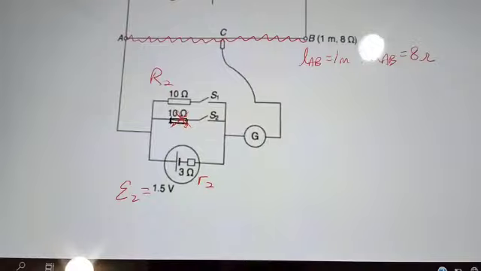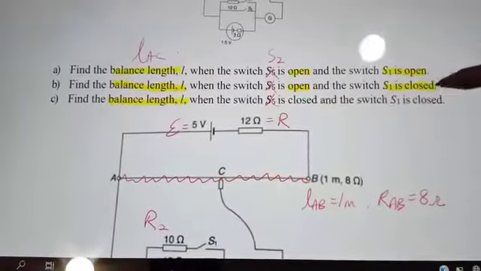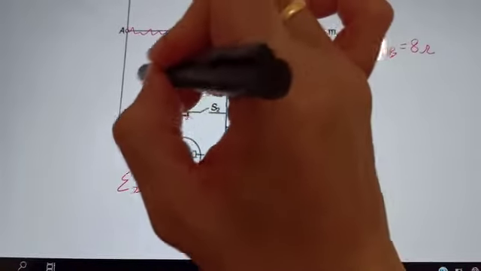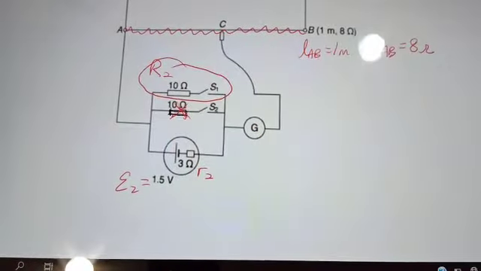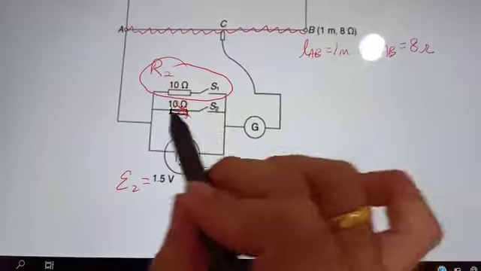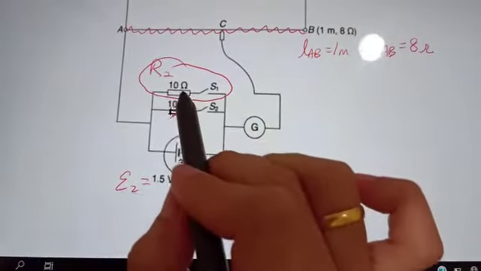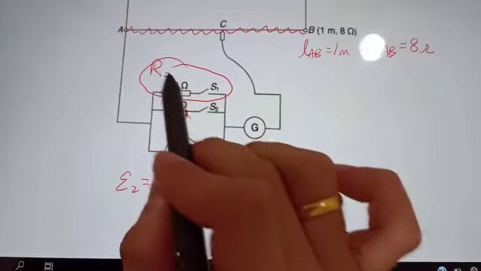S1 is closed, which means this part is connected. So S2 is not there, S1 is there, so R2 is equal to 10 ohm.